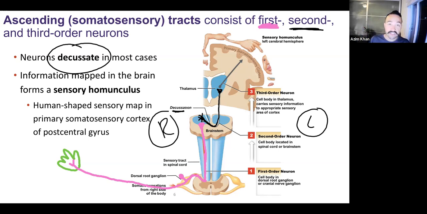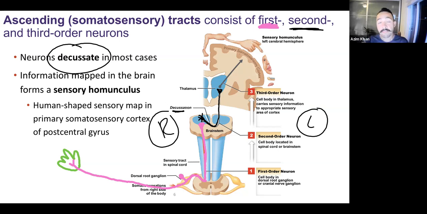There's 2 places where decussation usually happens. Well, 3 if we include other places in the brain, like the optic chiasm, that would be for vision. And then for other commissural things that we haven't really discussed, the corpus callosum and the anterior commissure, those allow for crossing over.